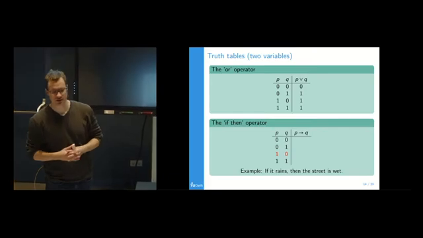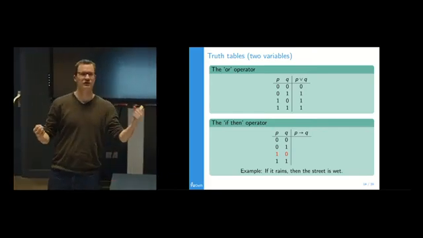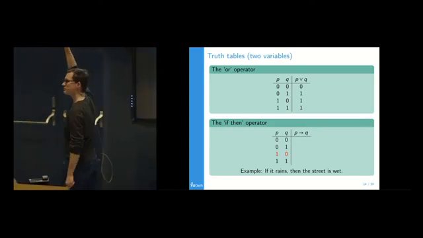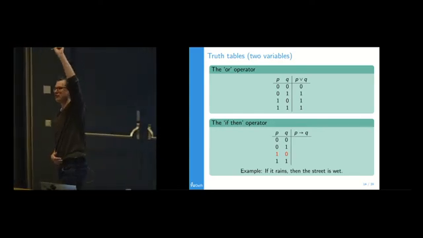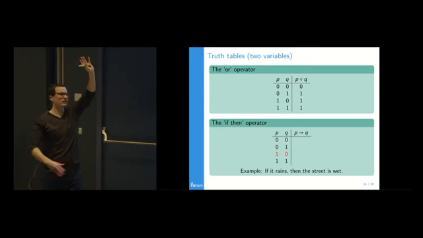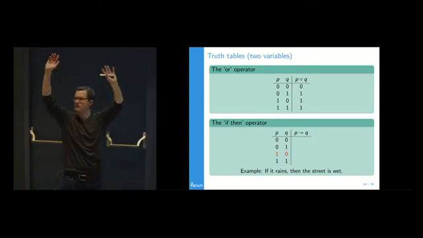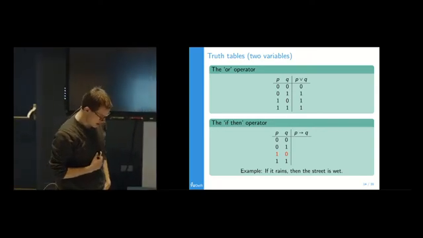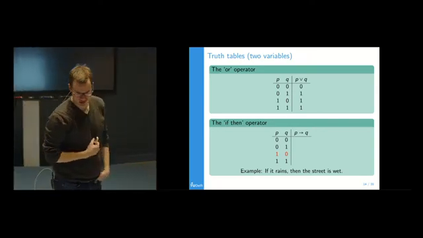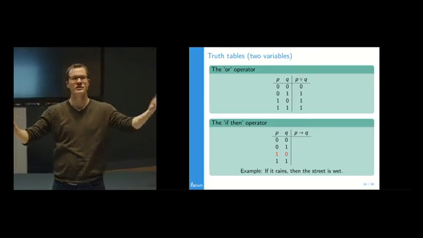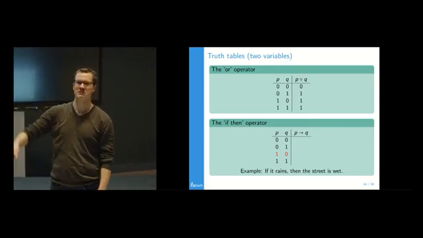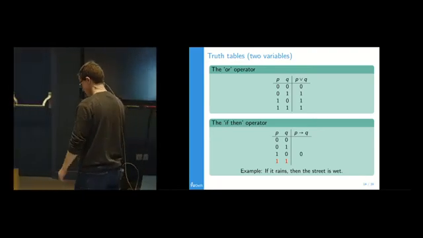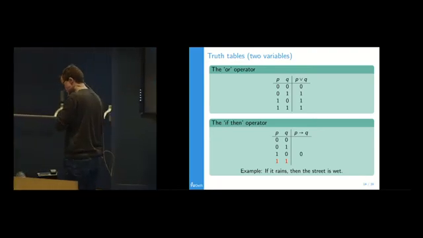In this case, who believes the implication? Who does not believe the implication? Who says no clue whether to believe it or not? Fair enough. In this case, I would also not believe the implication. The implication says if it rains, the street is wet. Currently it's raining, street's not wet. Implication must be wrong.